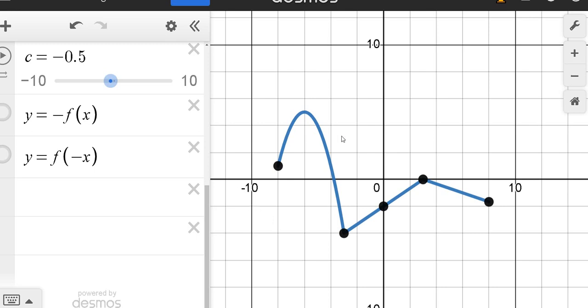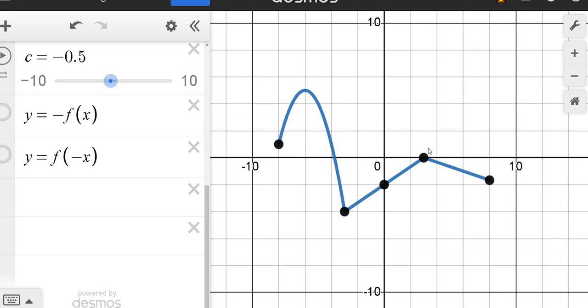In this case, this is a hodgepodge of a function. But let's take a look at y equals negative f of x. Now it's a little more clear that this has been reflected around the x-axis. Whereas if I have that negative not on the outside but on the inside, what do you think this is going to do?